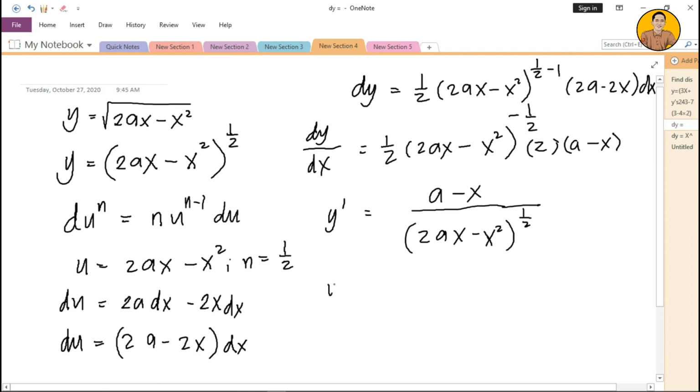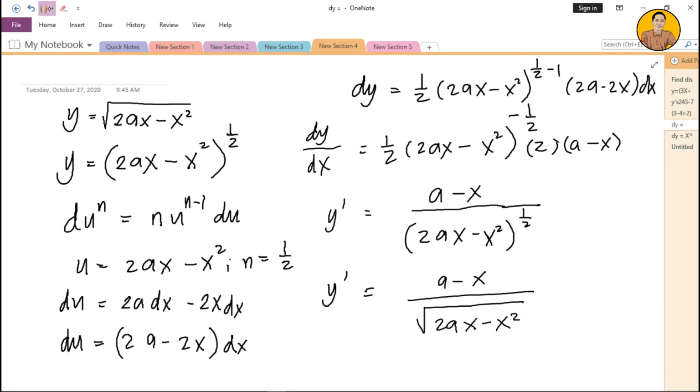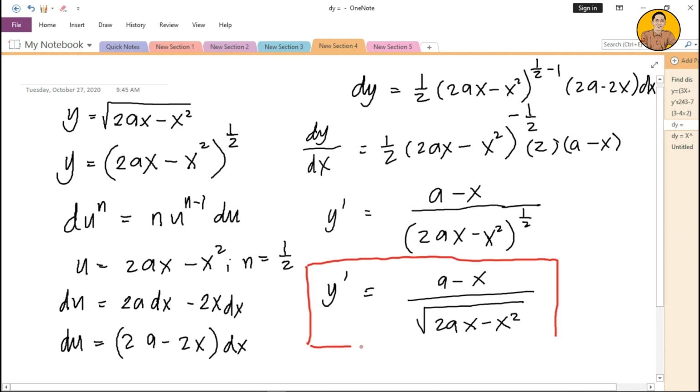So y prime equals a minus x all over the square root of 2ax minus x squared. So this is the y prime of this function. Okay? So that's how you solve the y prime of this function using your power rule.